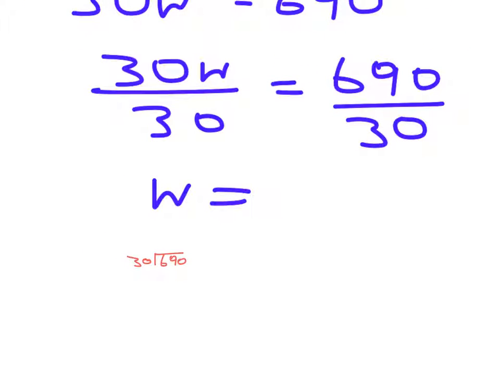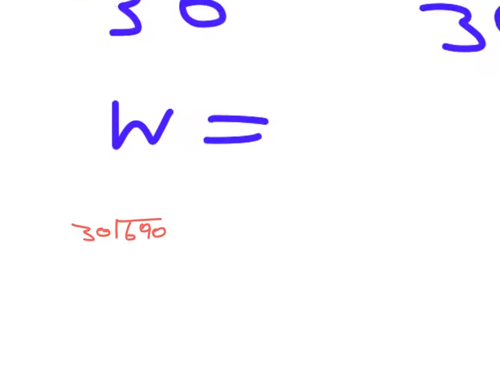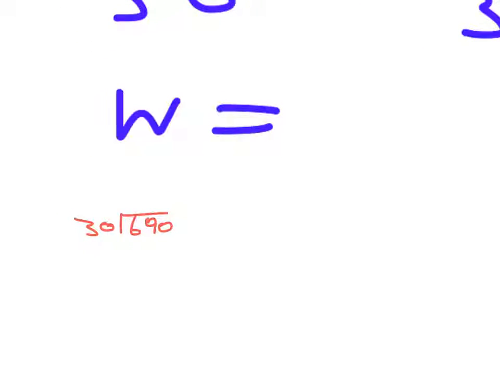Looking at this fraction again, we could divide top and bottom by 10 to get 69 over 3. So an equivalent equation for this would be 3 going into 69, which makes it a little bit easier. Just smaller numbers. So they're equivalent amounts. We don't have to change our answer when we get an answer. It's going to be exactly the same as what we wanted it to be.